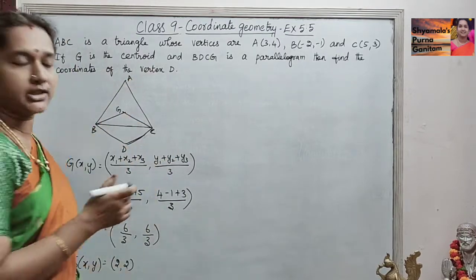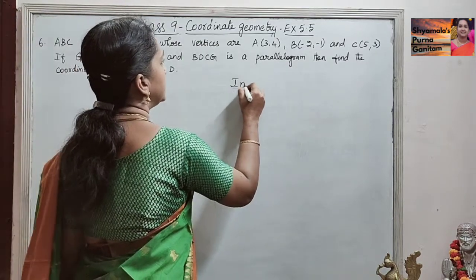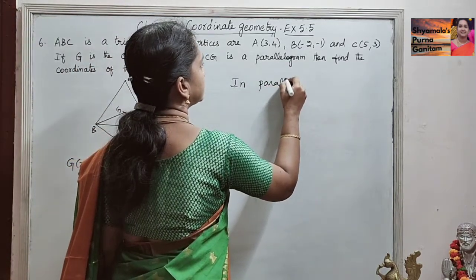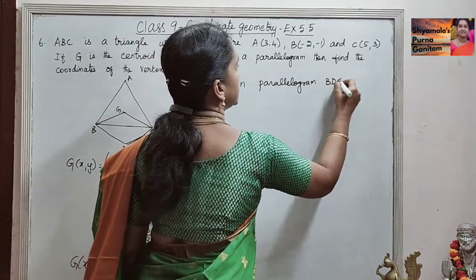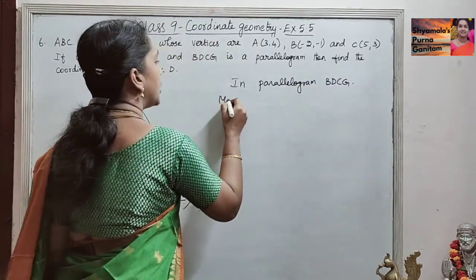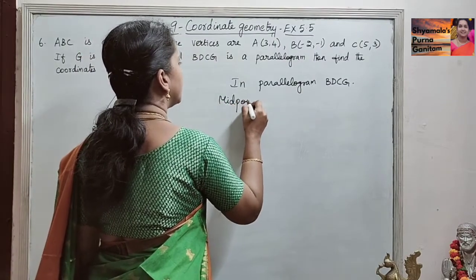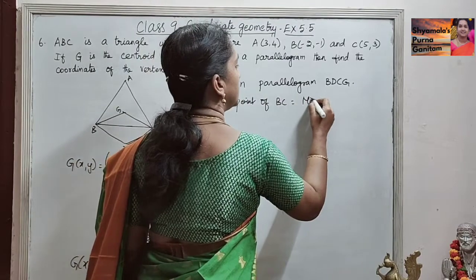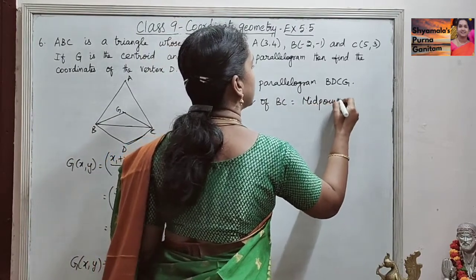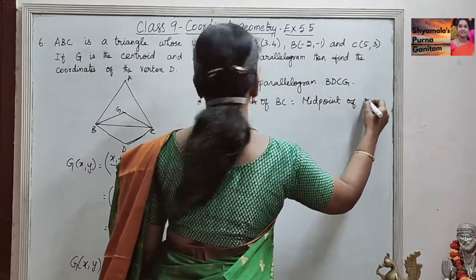Now we'll find the coordinates of vertex D. In parallelogram BDCG, the midpoint of BC is equal to the midpoint of GD.